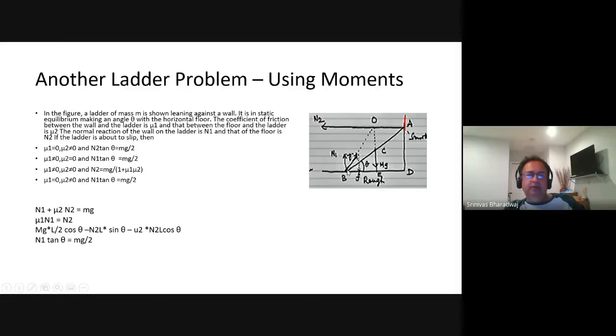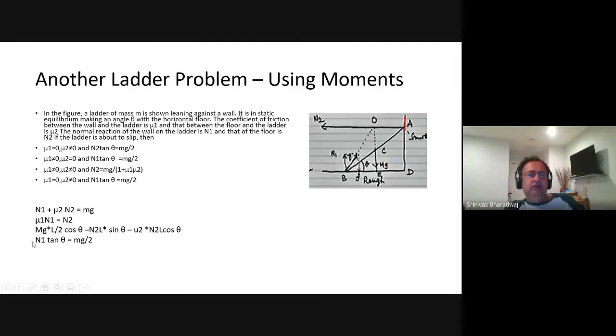Take moment about B: mg times L cos theta minus N2 times L sin theta minus, now you also have this friction, mu times N2, times L cos theta.